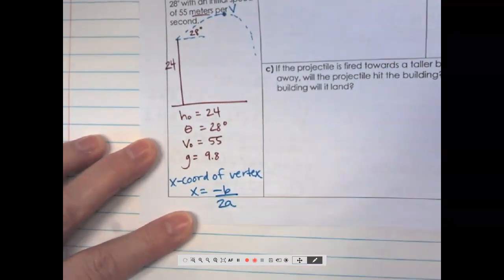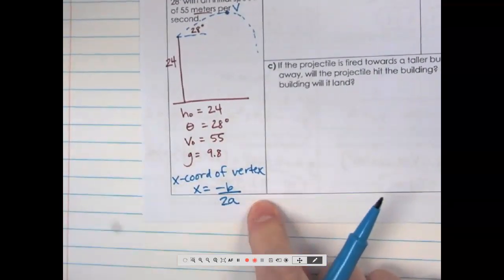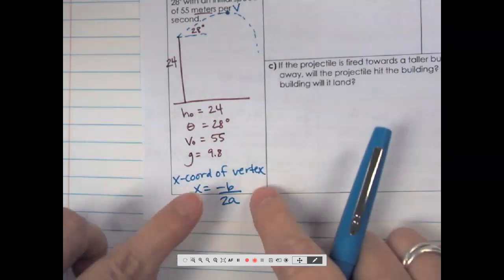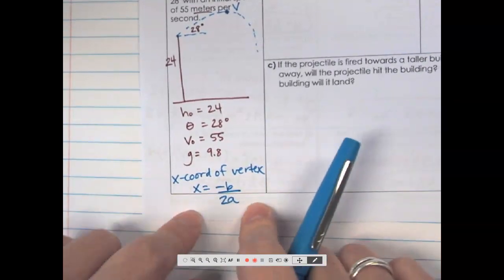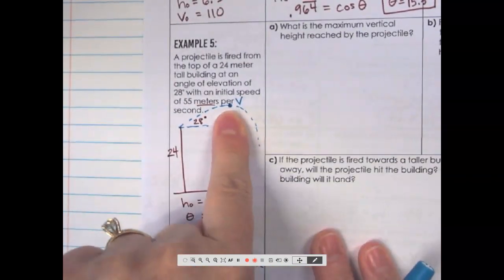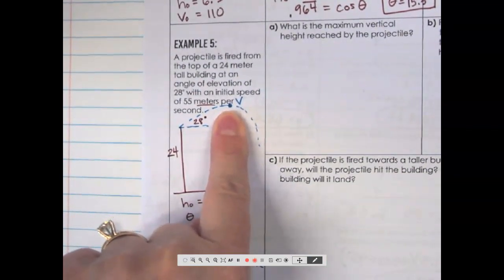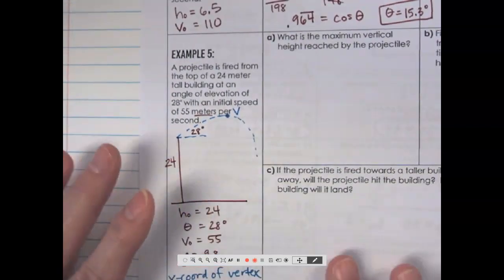All right, so that b and a come from a quadratic equation. But once I write my y equals equation, that is quadratic. So I'm going to write my vertical equation, pick out the b and the a, find where the vertex is, which will tell me when it's at its height, and then I'll plug that time into the height equation. Now follow that?